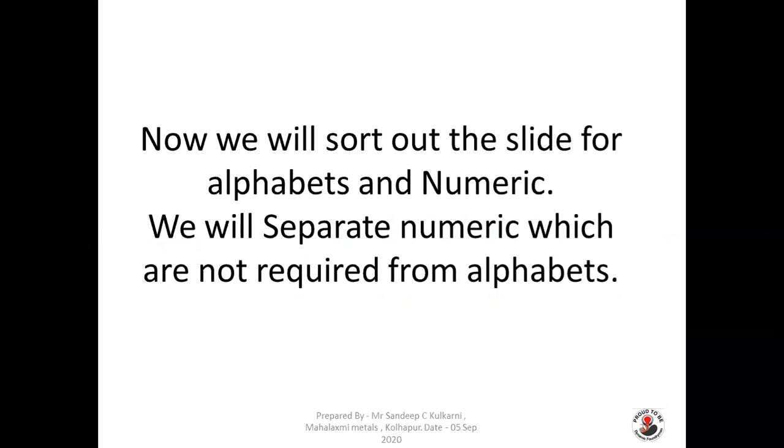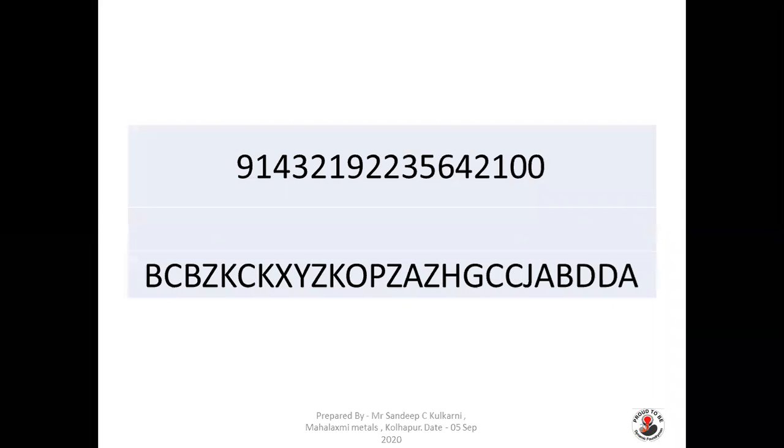So now what do we have to do? Now we will sort out the slide for alphabets and numerics. We will separate numerics, which are not required, from the alphabets, and you will get this kind of slide. So now alphabets and numerics are separated.